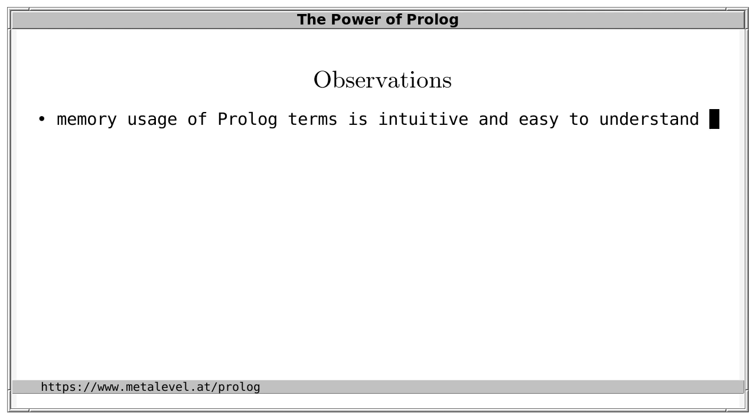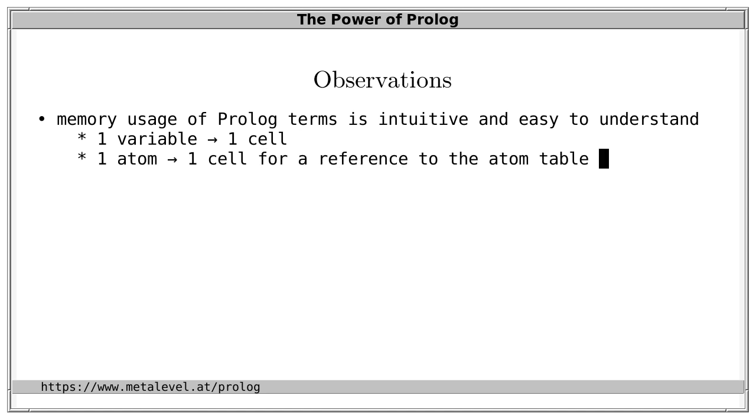First, memory usage of Prolog terms is quite intuitive and easy to understand. Of course, the details depend on the concrete implementation, but still, usually, one variable takes one cell. One atom takes one cell, which points to an entry in the atom table, where the actual atom name is stored and can be used whenever it occurs in a program.